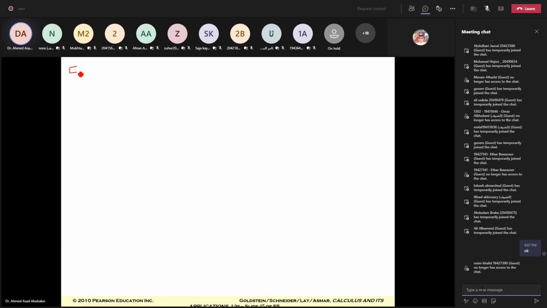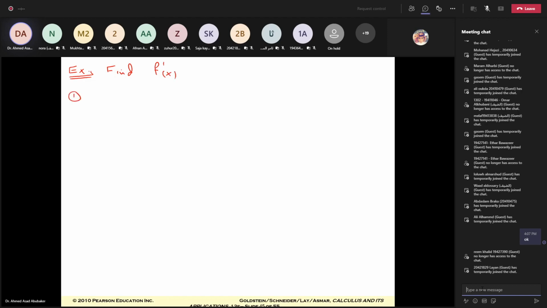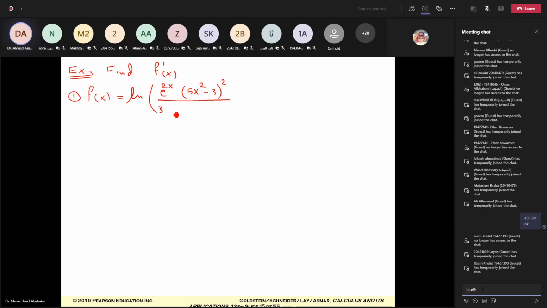Example: find f prime of x if, number one, f of x equals ln of e to the power 2x multiplied by (5x squared minus 3) squared over 3 multiplied by x to the power 4 multiplied by (6x minus x squared), like this.